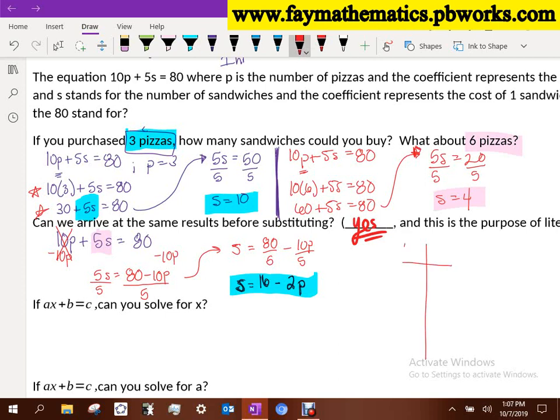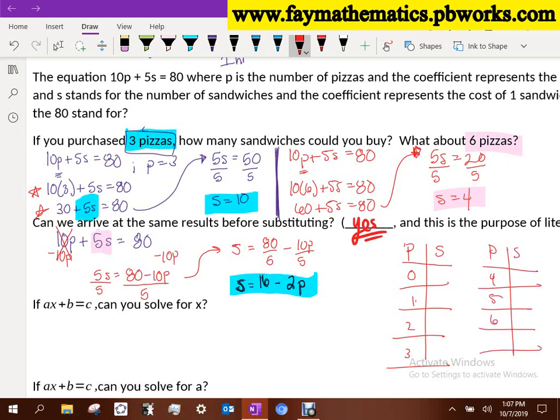If I put P here for pizzas and S here for sandwiches, I'm going to say, okay, if I go 0 pizzas, 1 pizza, 2 pizzas, 3, going to finish over here, 4, 5, 6, 7, and 8. Now, I know I can't go above 8 because then 10 times 8 would be 80, right? So if I go 9 times 10, it would be 90. Well, I don't have $90 to spend, right?